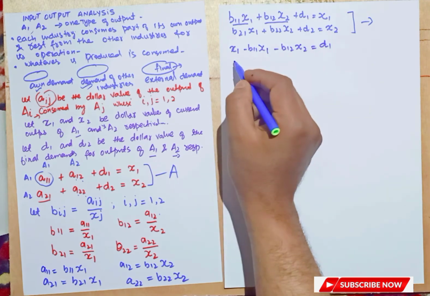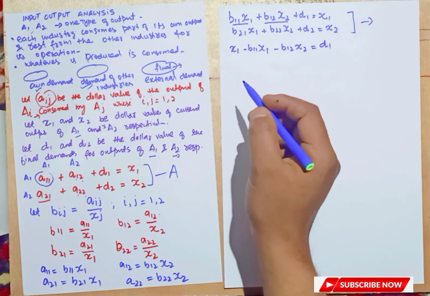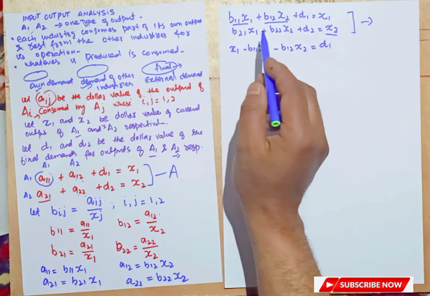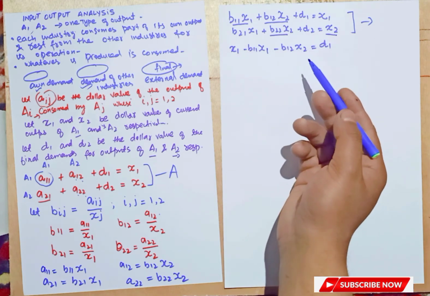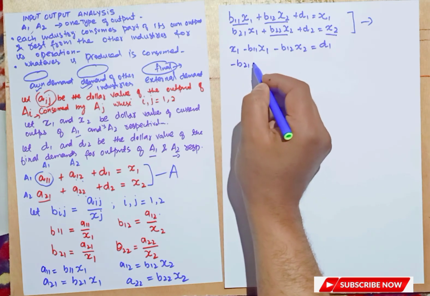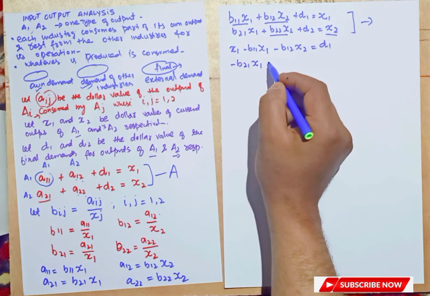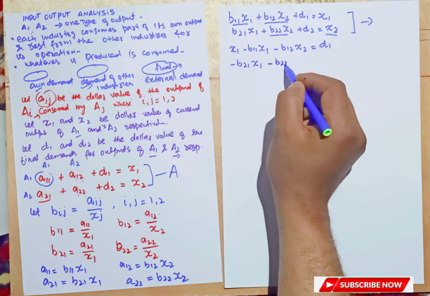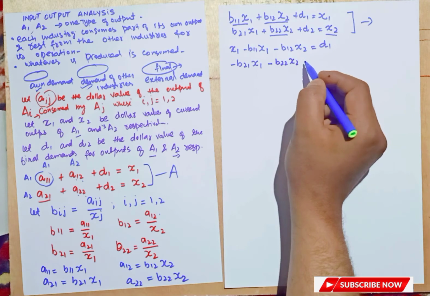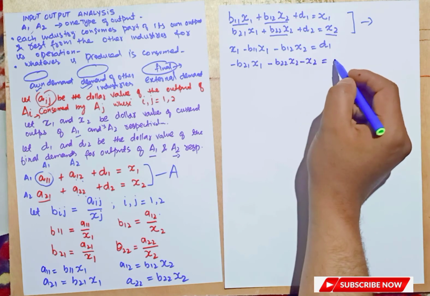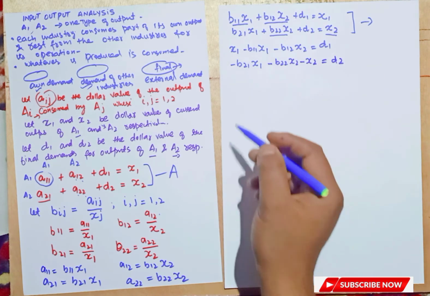Similarly, for X2, I will first write minus B21 X1 minus this B22 X2 plus X2 is equal to D2. So we can further manipulate this.